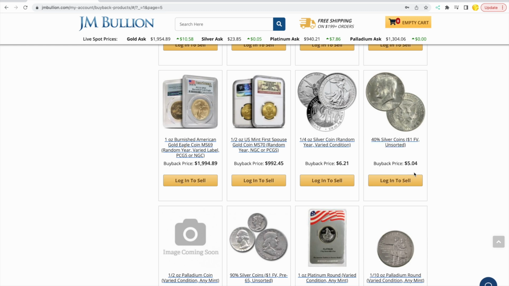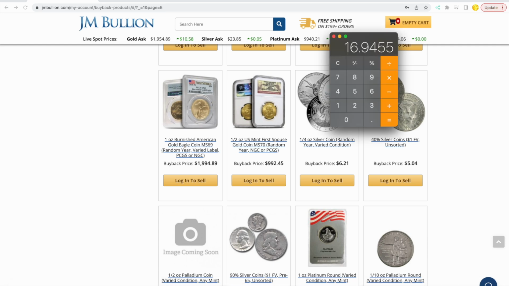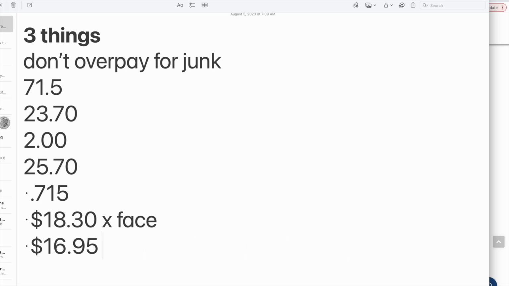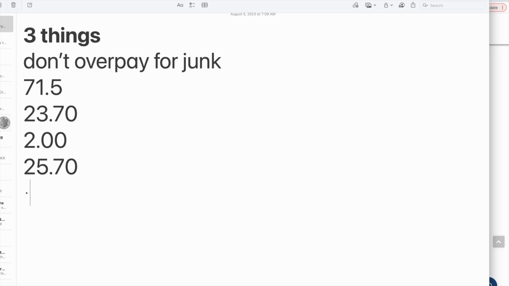There it is, 40% Kennedy. So they're paying 5.04. Let's find out what 40% is going for. And it leads me to believe you should never buy 40%.